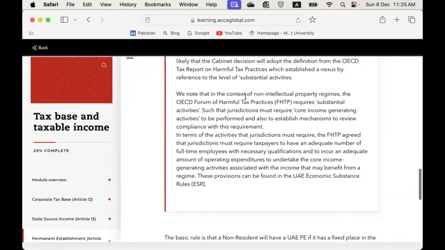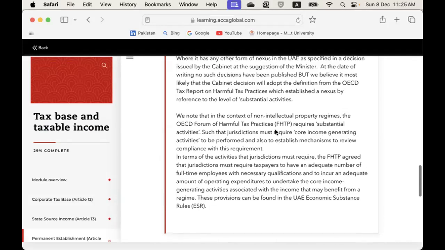What else is there? We note that in the context of non-intellectual property regimes, the OECD Forum for Harmful Tax Practices requires substantial activities, such that jurisdictions must require core income generating activities to be performed, and also to establish mechanisms to review compliance with this requirement.